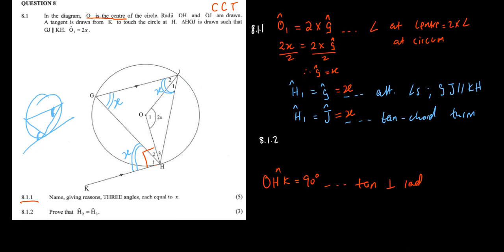So now we can go to 8.1.2. It says prove that H2 is equal to H3. Wait, we do know that angle H1 is x. Oh, H2, sorry. Why am I saying H1? They say H2.